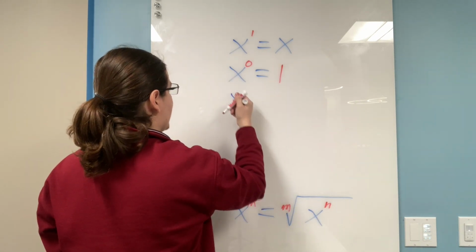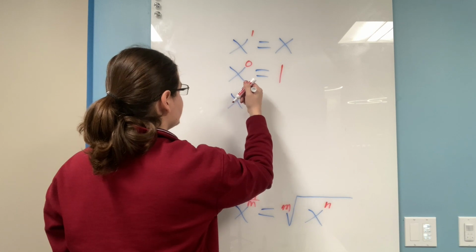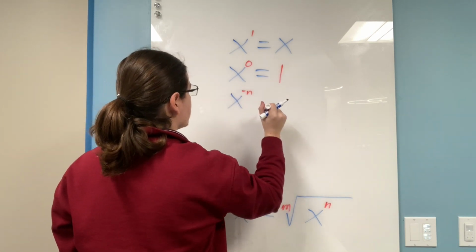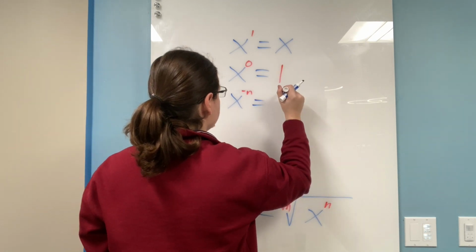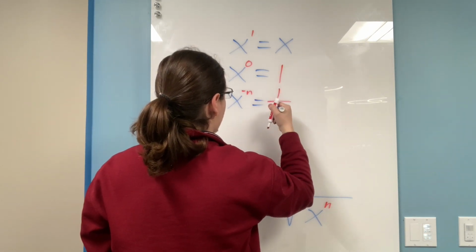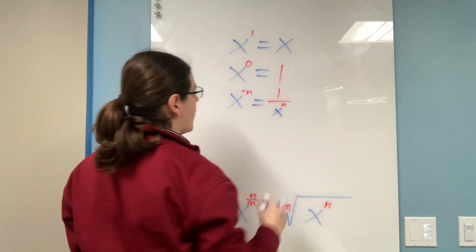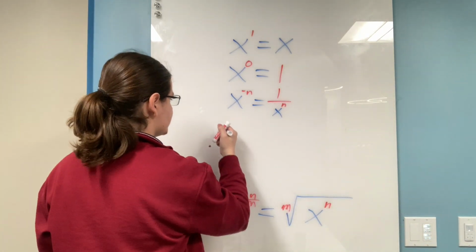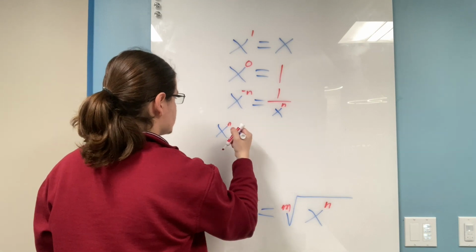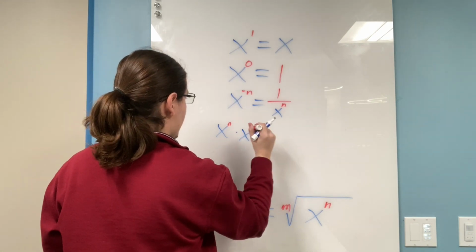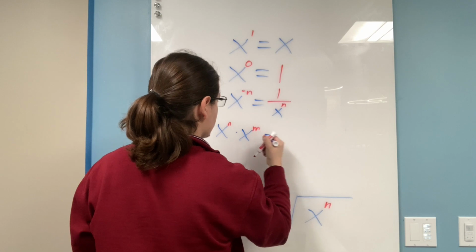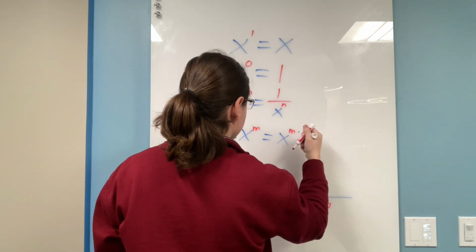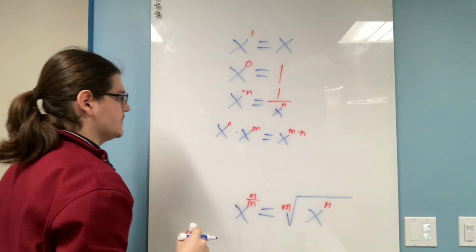Now, if we have x to the negative power, any power, it's going to be equal to 1 over x to that power. And if we have x to the nth power times x to the mth power, that is going to be equal to x to the n plus m.